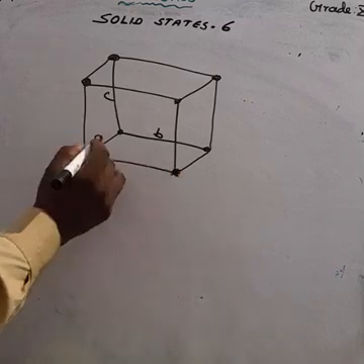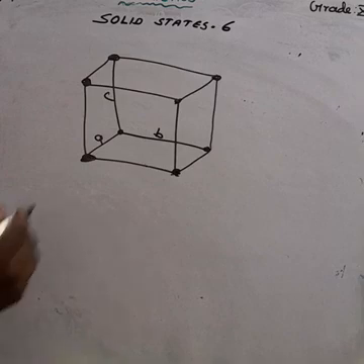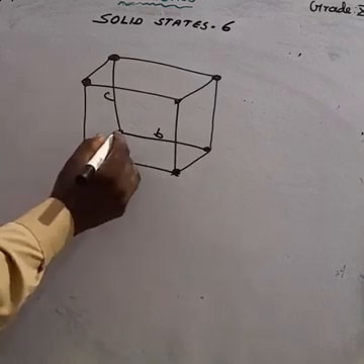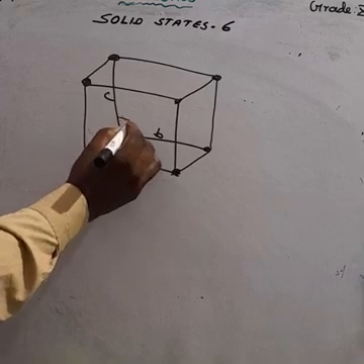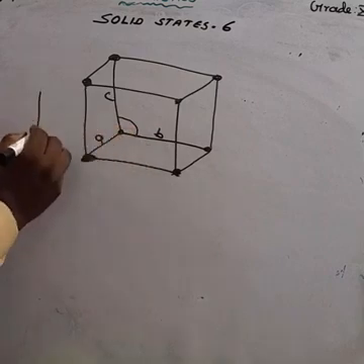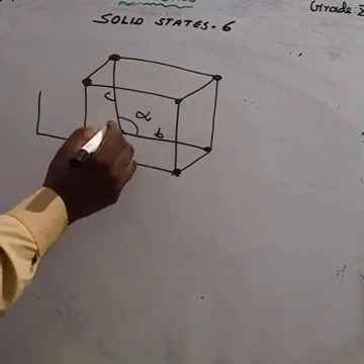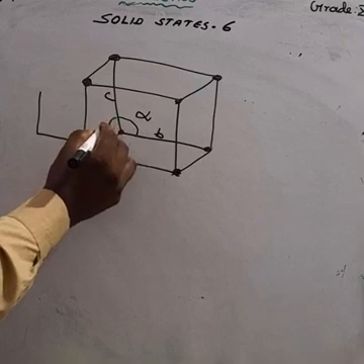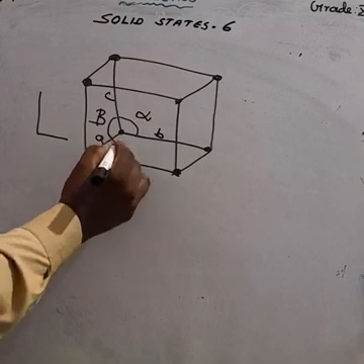Here the angle is 90 degrees. This angle is alpha, this angle is beta, this angle is gamma.